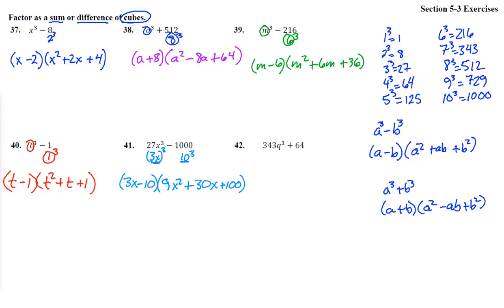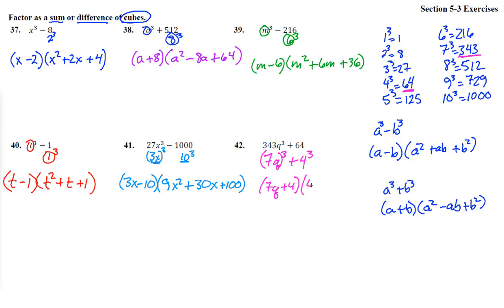Okay, and for our final one, 343q cubed. So here's 343 right here. So 7q is the perfect cube here, and 64 is 4 cubed, so that's plus 4 cubed. So a is 7q, b is 4, and we're using this formula right here, so it'll be 7q plus 4, just like it looks.